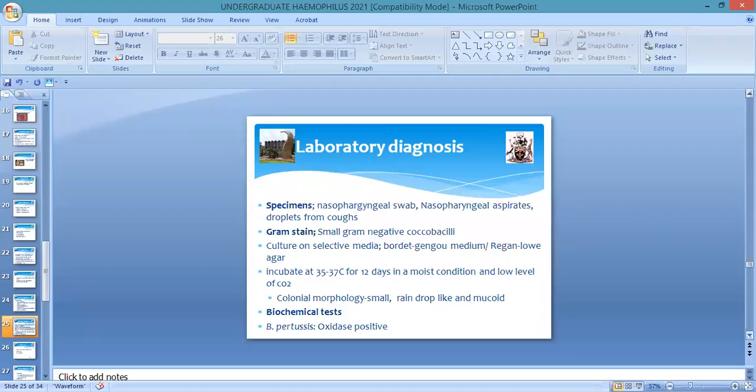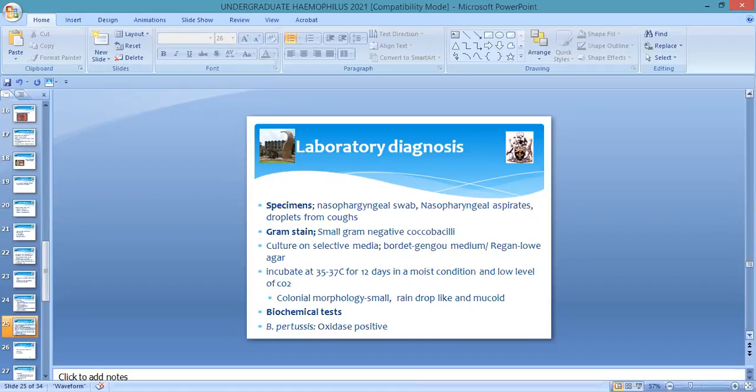So if you gram stain the organism, you see gram-negative coccobacilli, and for culture we have a special media called the Bordetella selective media, or even the Regan-Lowe agar, which is key for selectively identifying or growing Bordetella.